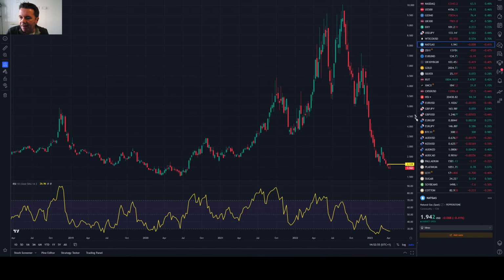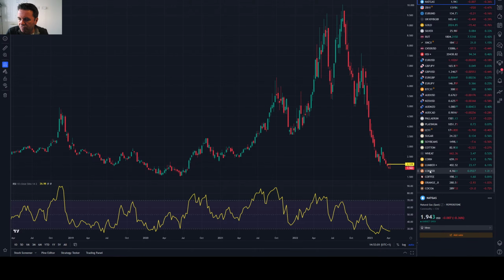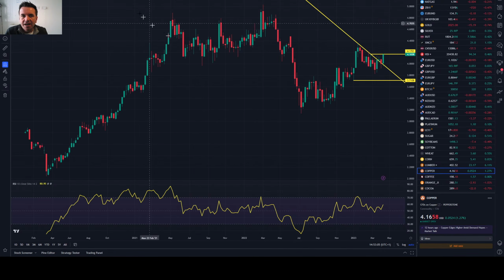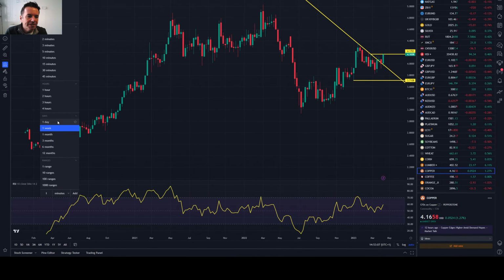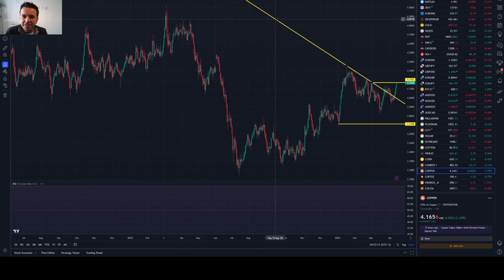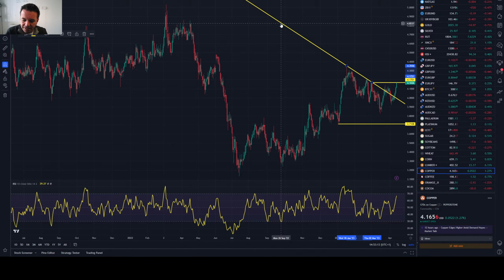Copper and aluminium. Copper, where is it? I'm not sure on copper at the moment. Well, actually, no. Based on that, I would be a buyer of the dip on copper. It's a bit tricky. Hang on a second. What would you do?